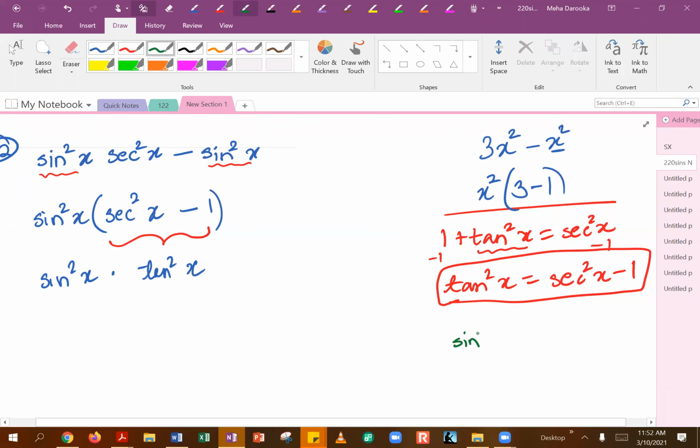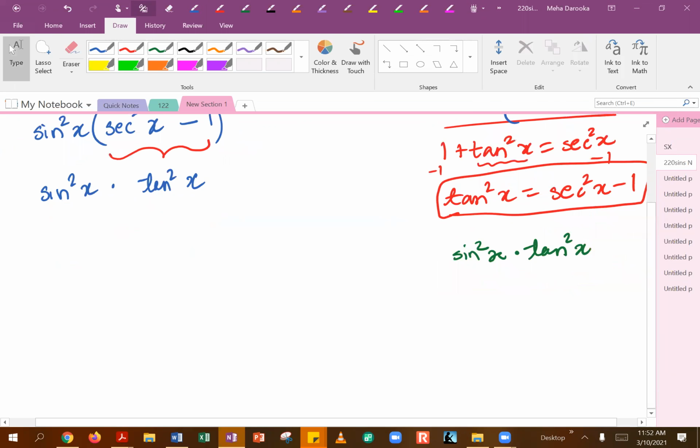So you've got sine squared of x, and you've got tangent squared of x. But remember, tangent can be written as a ratio of sine over cosine. So technically, I can rewrite my tangent squared of x as sine squared of x over cosine squared of x. And I still have my sine squared from here.